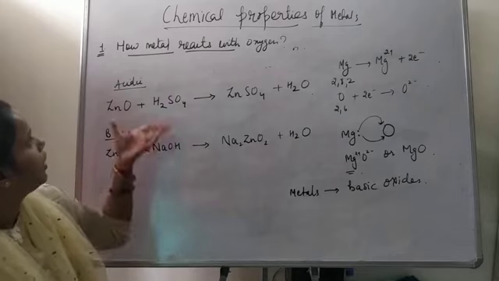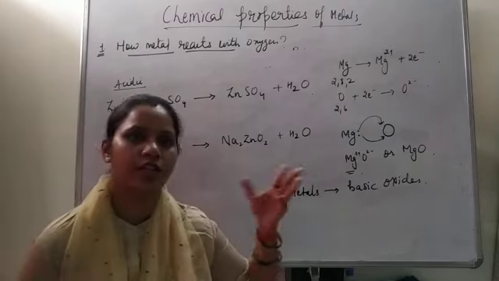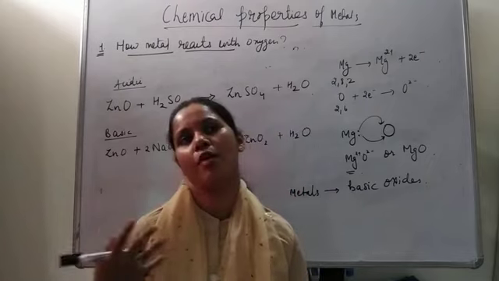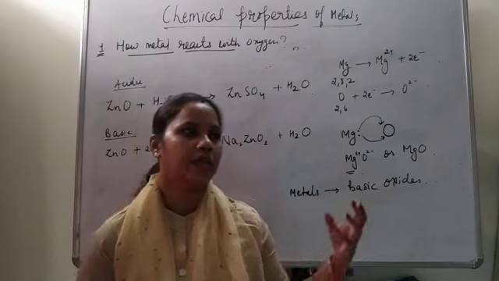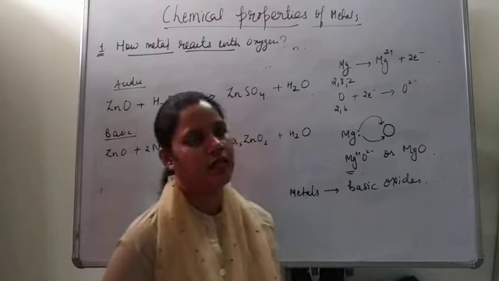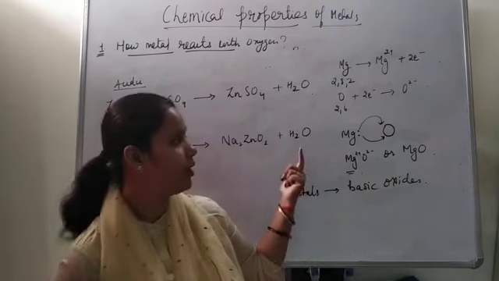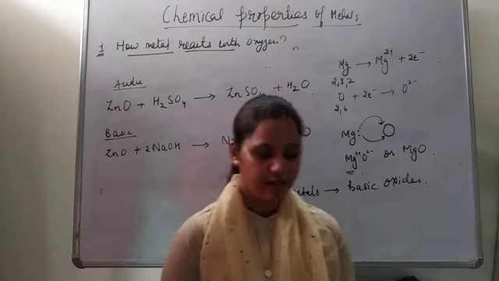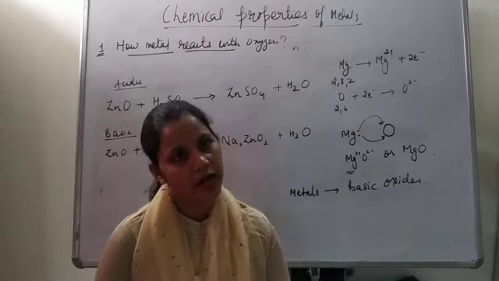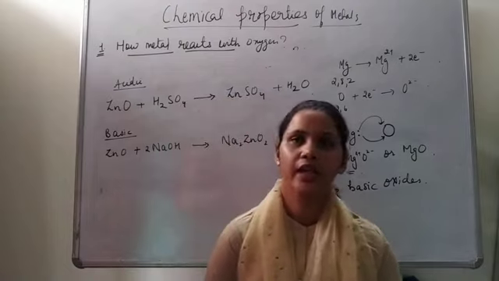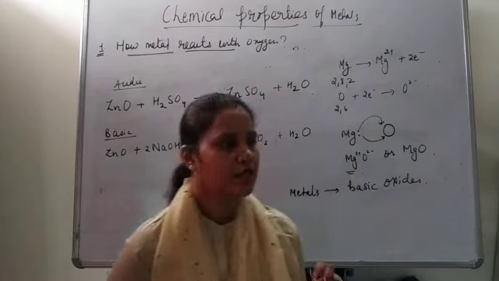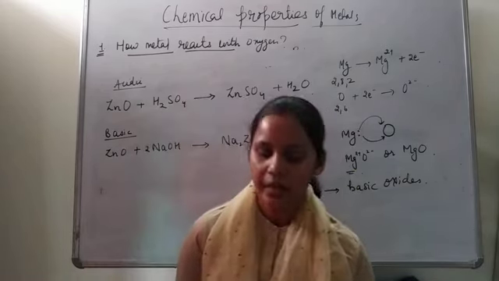This is how metals react with oxygen. They form basic oxides, and the reaction takes place according to the reactivity order. From the above example, sodium is more reactive than magnesium, magnesium is more reactive than zinc, zinc is more reactive than iron, and iron is more reactive than copper.